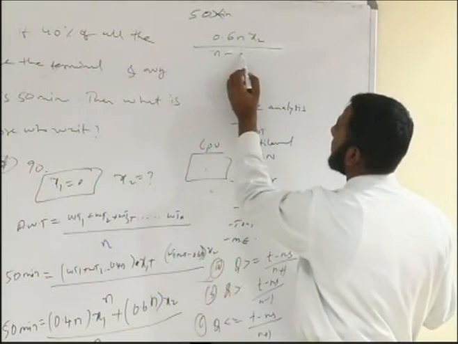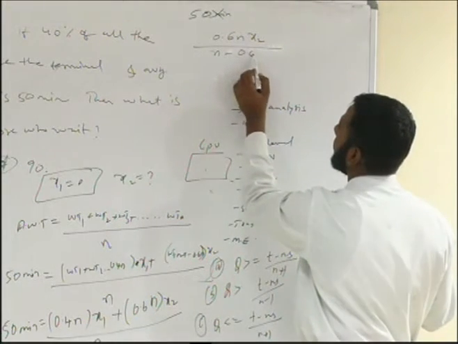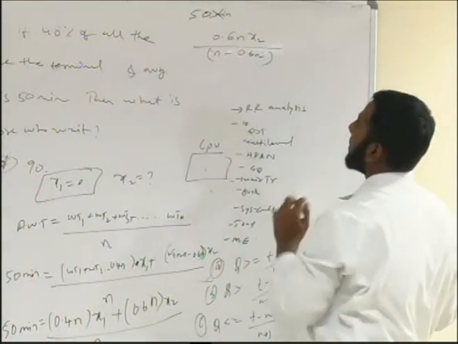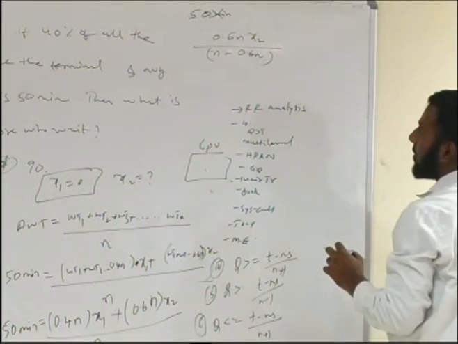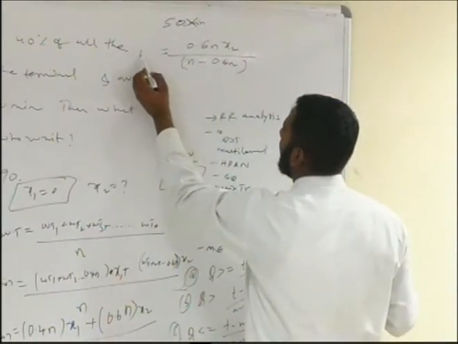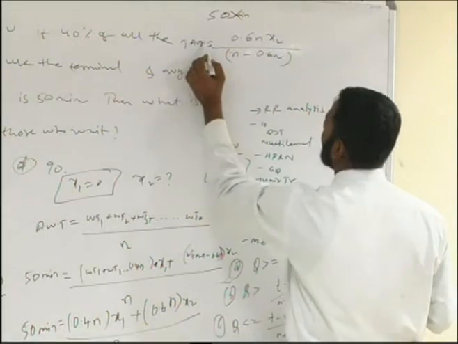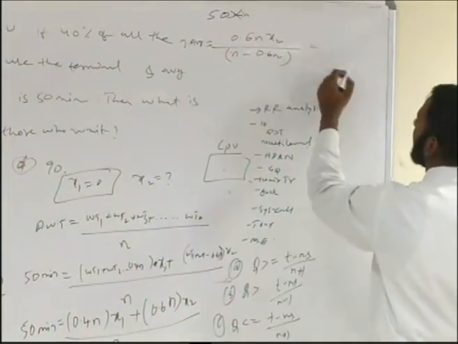How much? The total number of processes minus the 40% will be 0.6 n. So this will be the total average waiting time for the 60% of the processes.